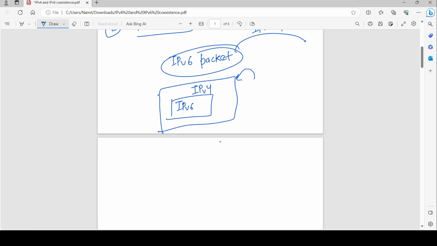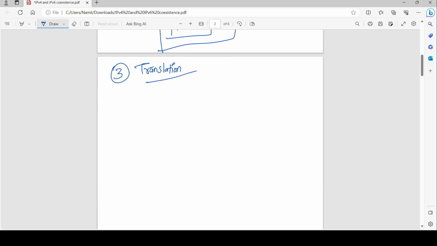The next one, the third one, is known as translation. Now, what is translation? This translation is related to NAT. Basically NAT64 is used over here, which stands for network address translation version 64.